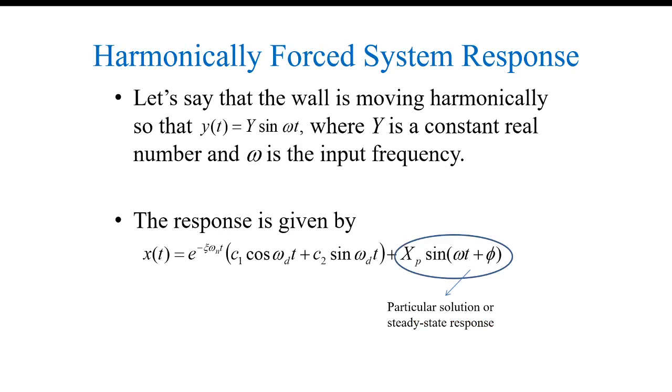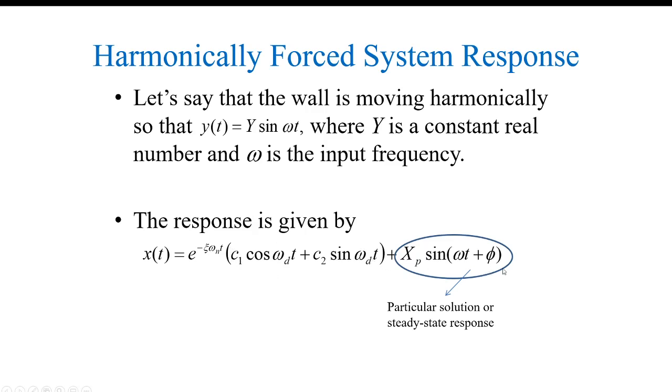Okay, so now the harmonically forced system. When you have a harmonic input, for this case we have a harmonically moving wall prescribed by y of t equal to some amplitude capital Y times sine omega t, where Y is a constant amplitude and omega is the input, forcing, or base frequency. The response is given by the first part, the homogeneous solution, plus the particular solution.